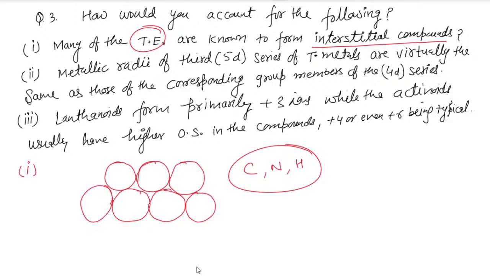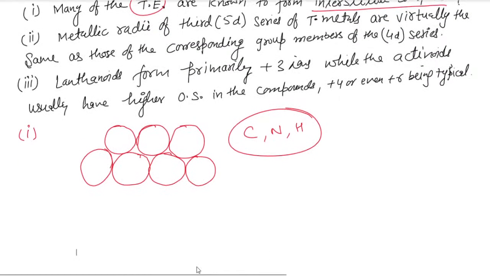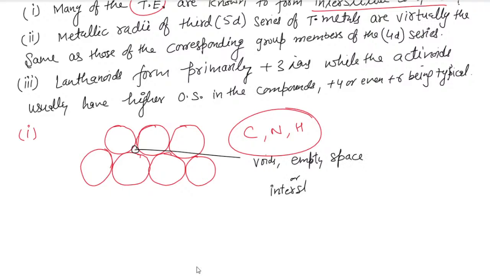That's why they can form interstitial compounds. So you can write that transition elements are large enough in size so that when they form the metallic lattice, the voids, or empty spaces, or interstitial sites can accommodate small sized elements.